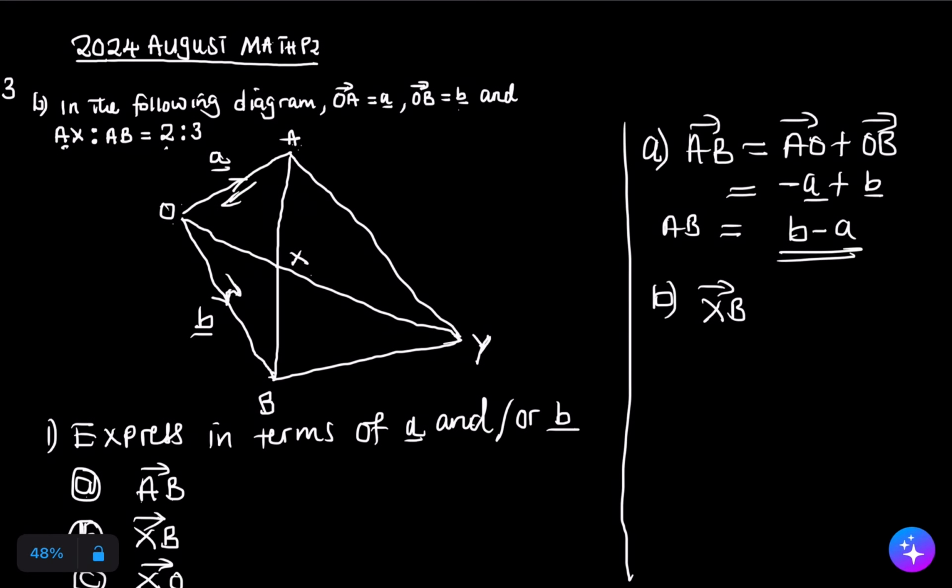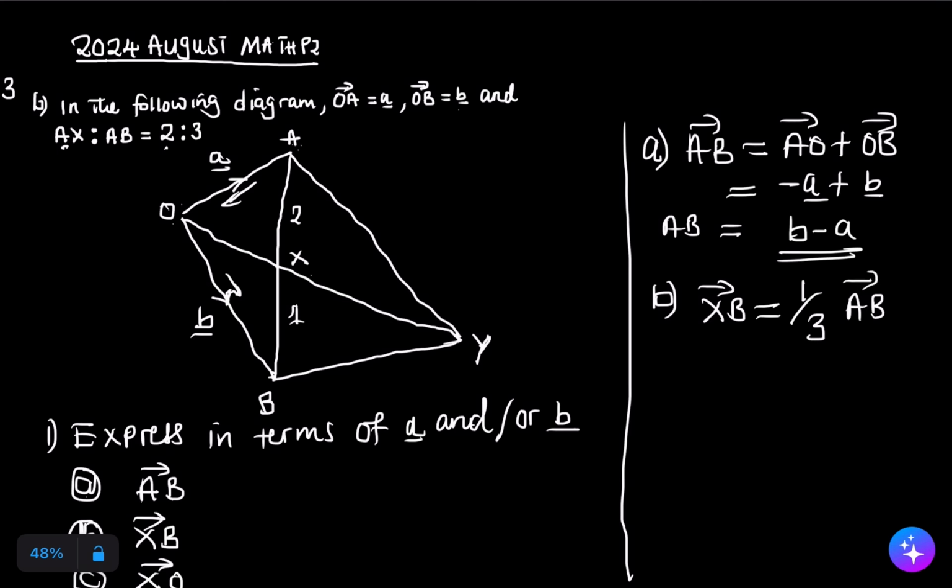So we are given something here. A to X is taking 2. If this point is 2, then what of A to B? A to B in full is 3. So the remaining portion here is 1. So XB is taking 1 out of 3 of AB.